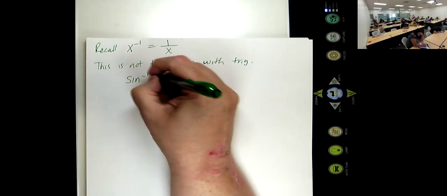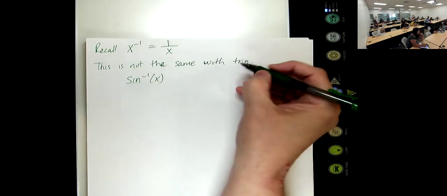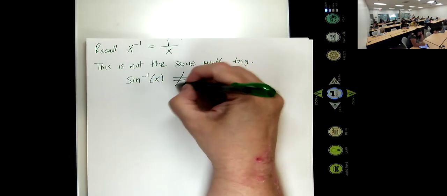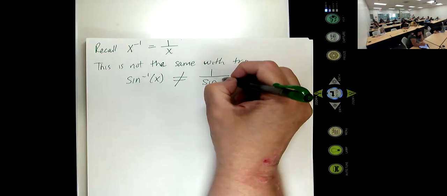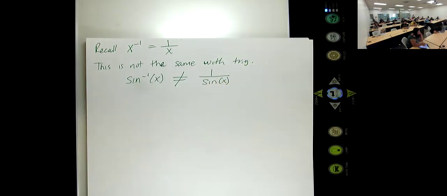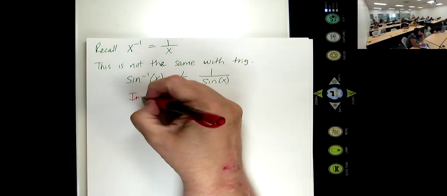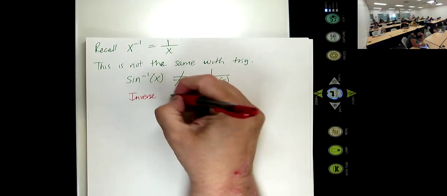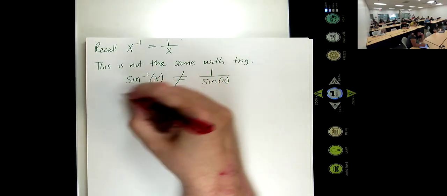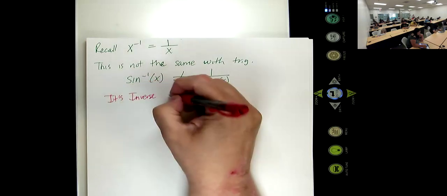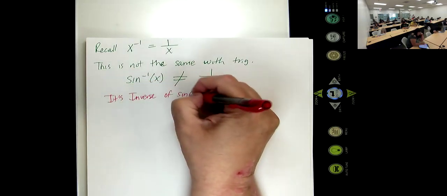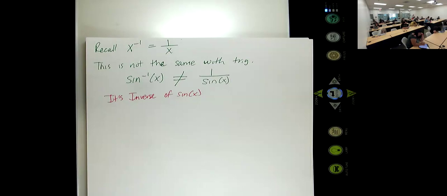Sine to the -1 of x does not equal 1 over sine x. That's the inverse trigonometric function. We're not doing it yet, but I wanna point this out in case it pops up. It's the inverse of sine x. So again, -1 up above doesn't mean the same thing.